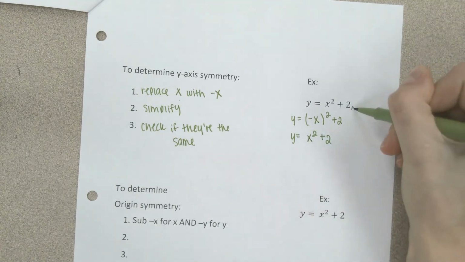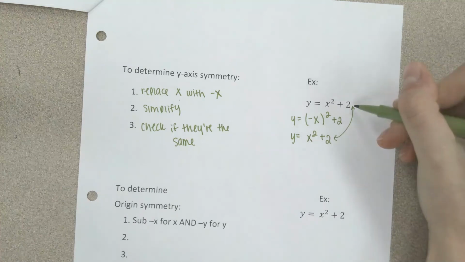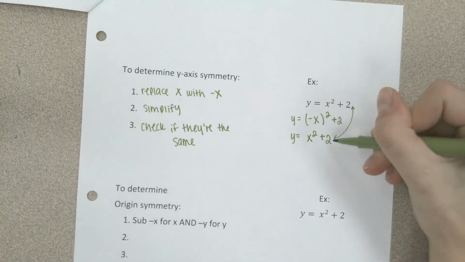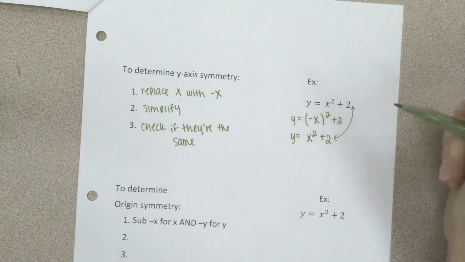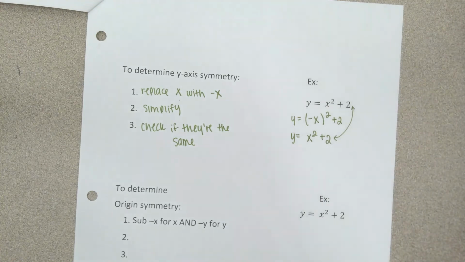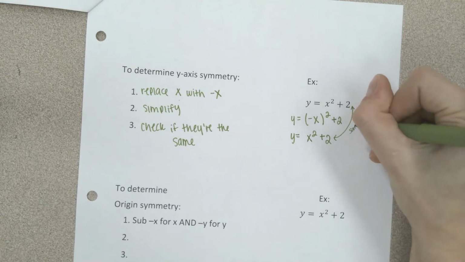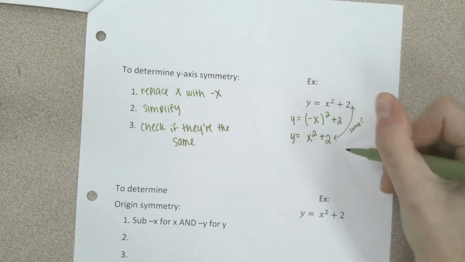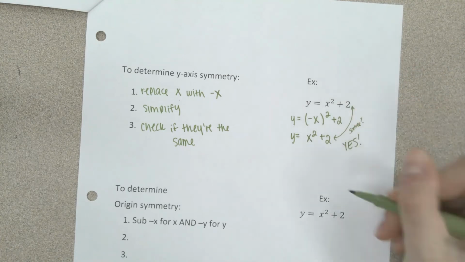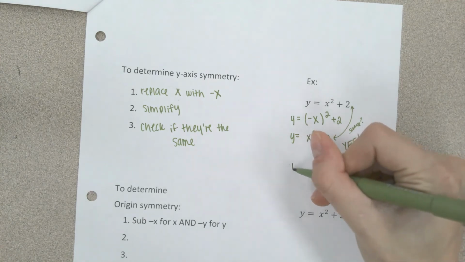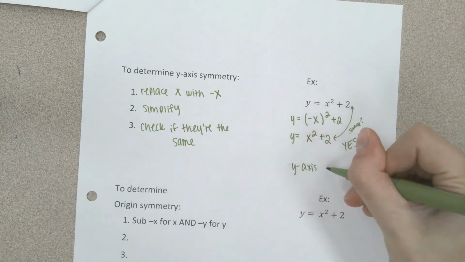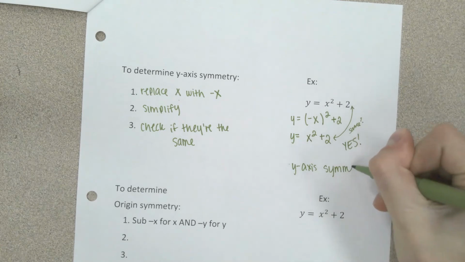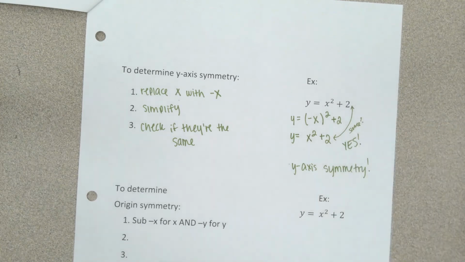So we want to check if our original function is the same as our function after we subbed negative x for x. So are these the same? Yes, right? They are the same. So we have y-axis symmetry.